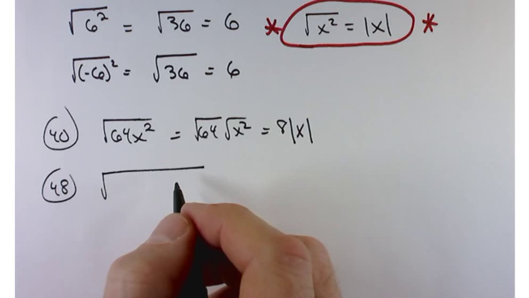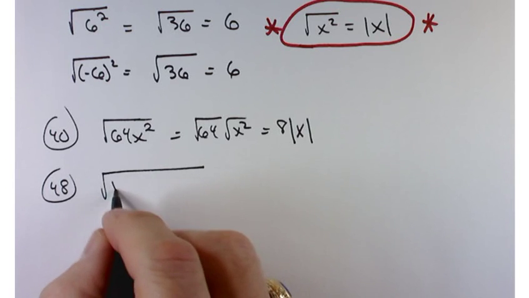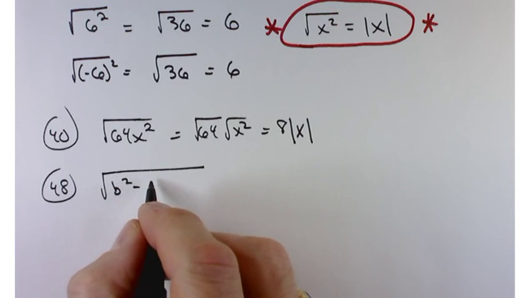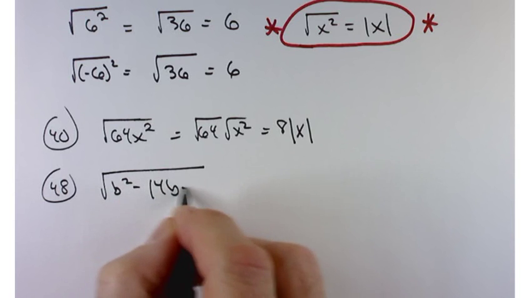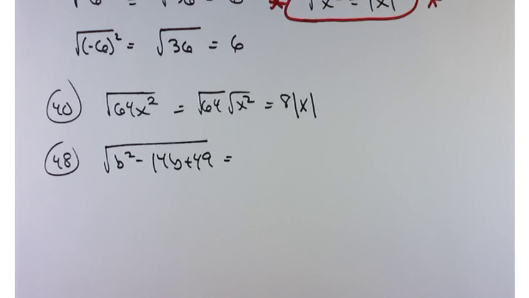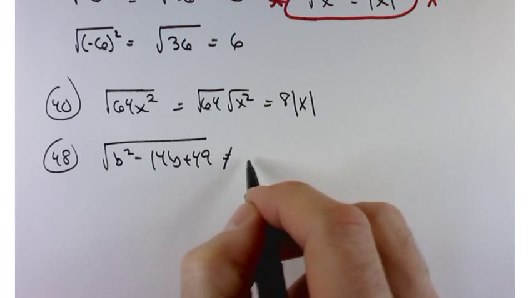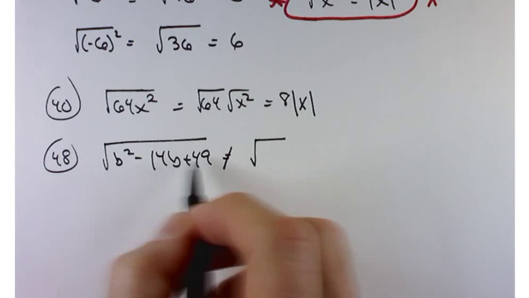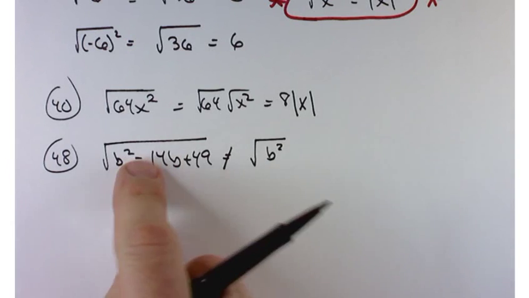The square root of b squared minus 14b plus 49. Now, I've said it a couple times verbally, but let me demonstrate exactly what I mean. One thing that you cannot do with radicals is break them up over additions or subtractions.